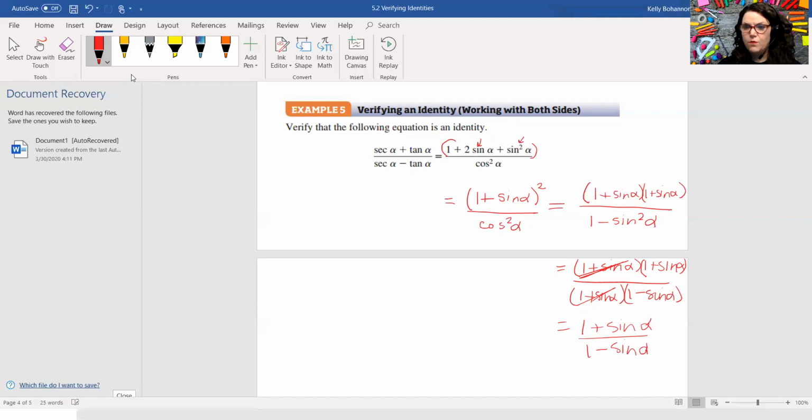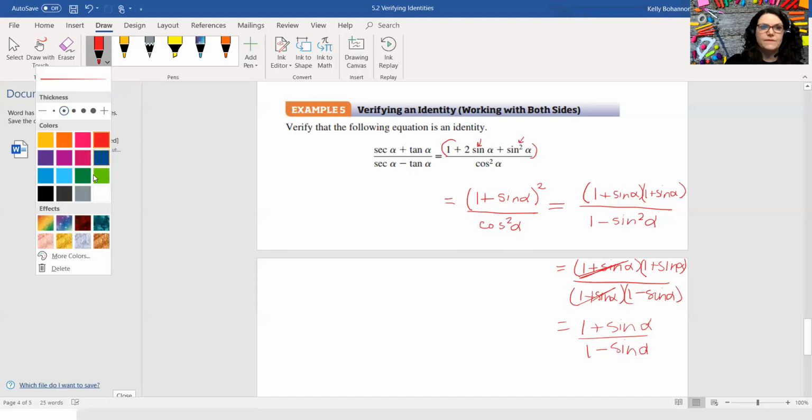Now, one of our instructions for verifying identities said to try to get everything in terms of sines and cosines. At this point, I don't have anything that's squared anymore, I don't have any arithmetic that needs to be done, and I'm in terms of sines. There's nothing that will cancel. So I'm going to assume that that is my simplified version, and that is where I'm going to try to work my left side to match. I'm going to try to work from the left and end up here.